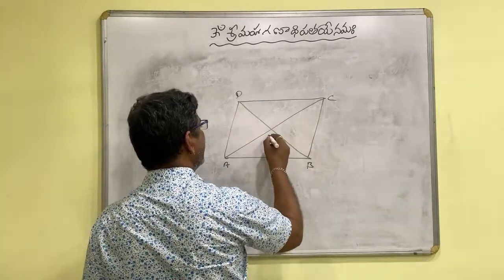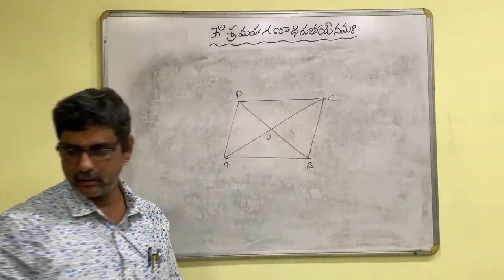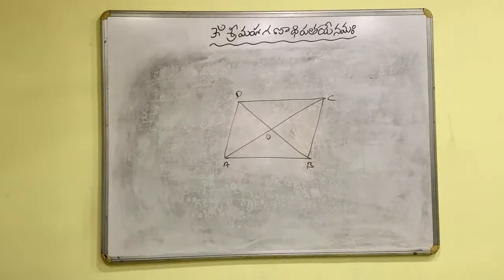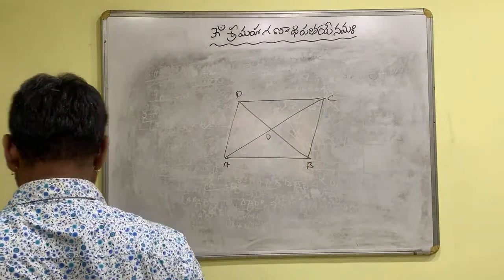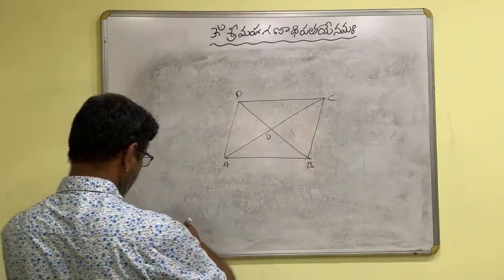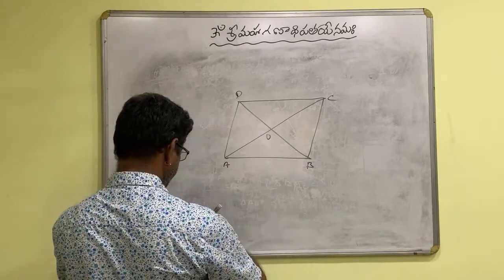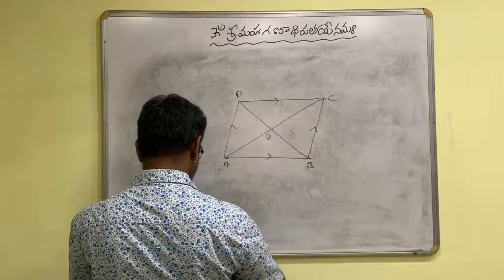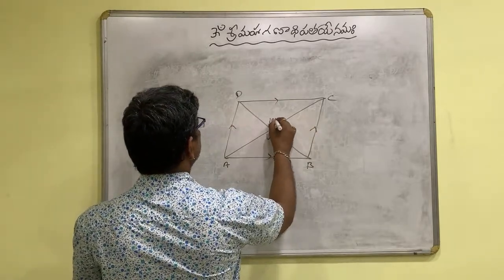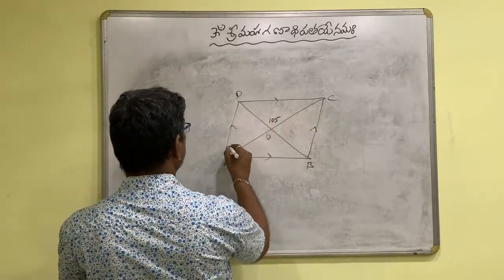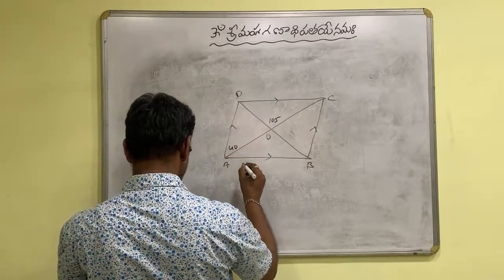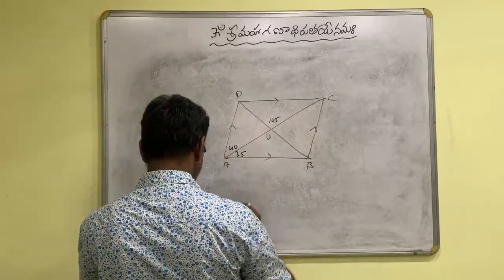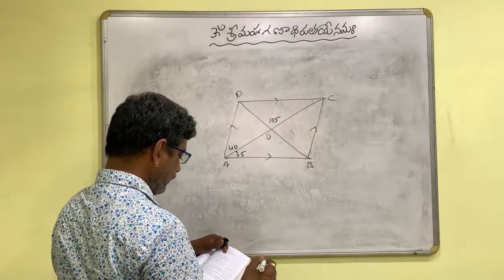AC and BD diagonals are joined. This is 105, this is 40 degrees, 35 degrees. And what we have to do?